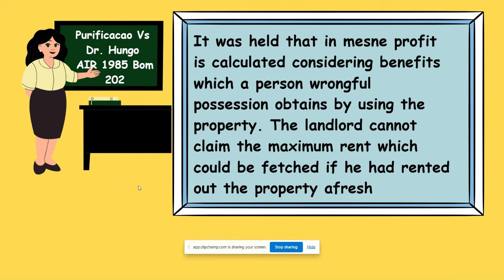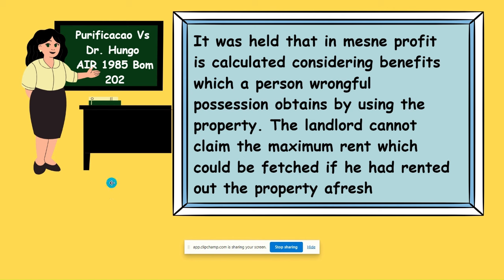With regard to that, in this case, it was held that mesne profit is calculated considering benefits which a person in wrongful possession obtains by using the property. The landlord cannot claim the maximum rent which could be fetched if he had rented out the property afresh.